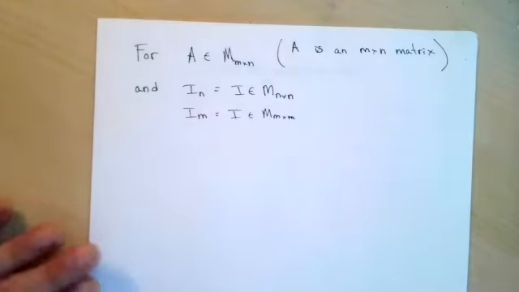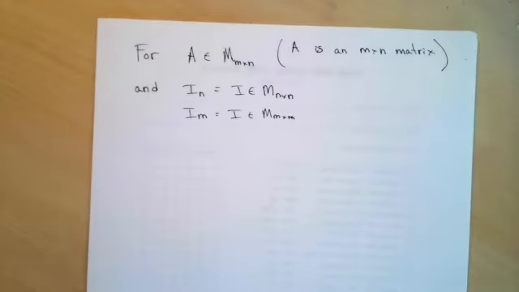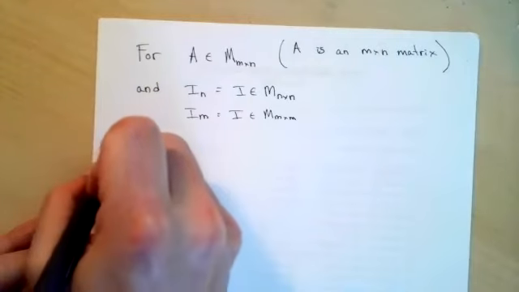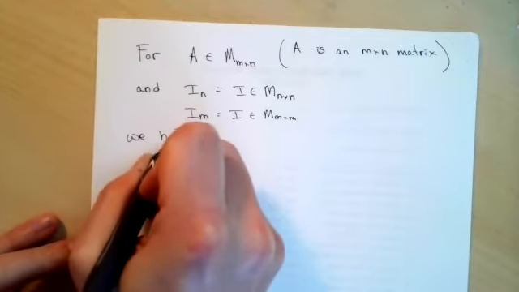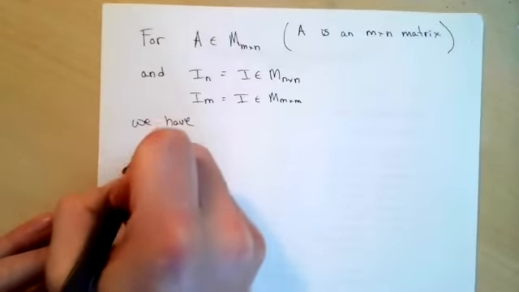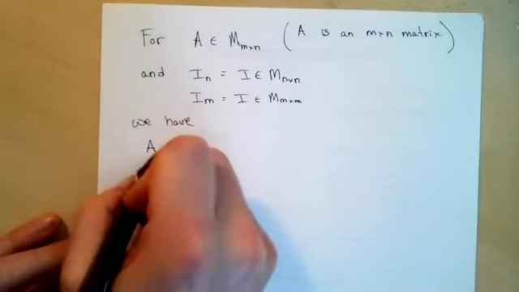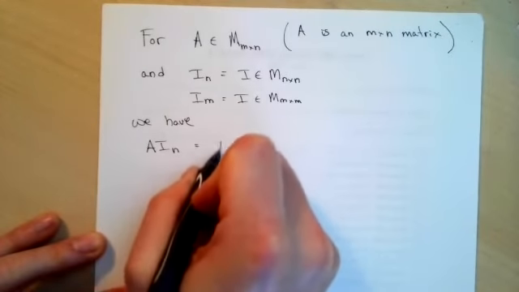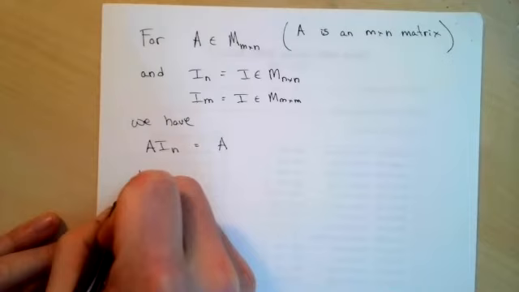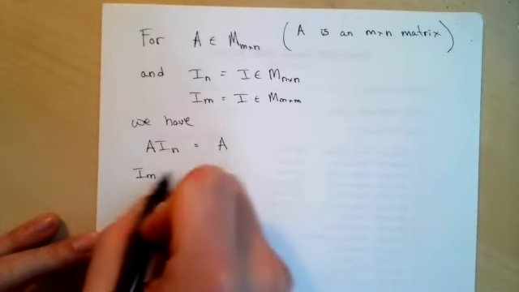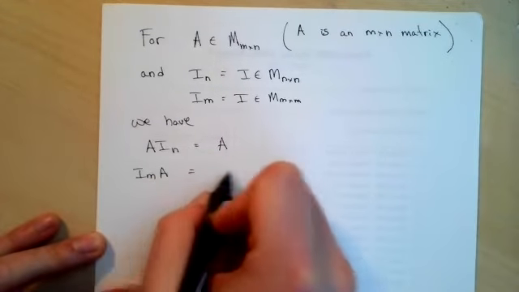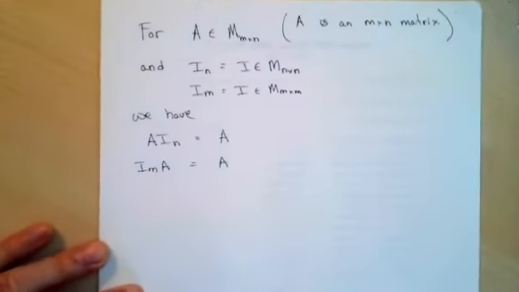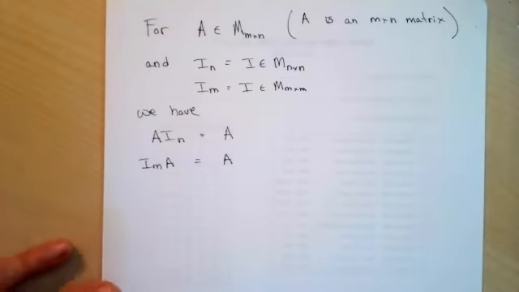Same form, ones along the diagonal, zeros elsewhere. We have A times I_n is equal to A, and I_m times A is also equal to A. In other words, multiplying by the identity matrix gives us back the exact same matrix.